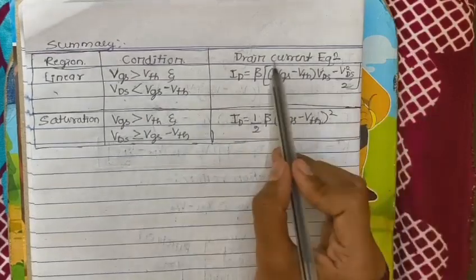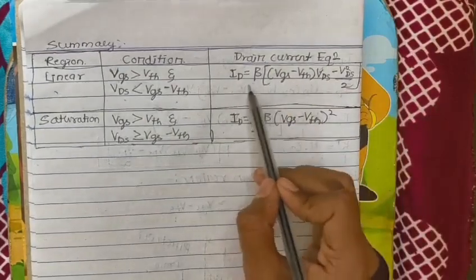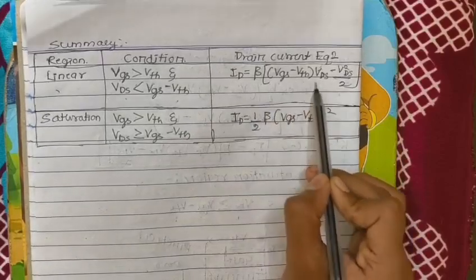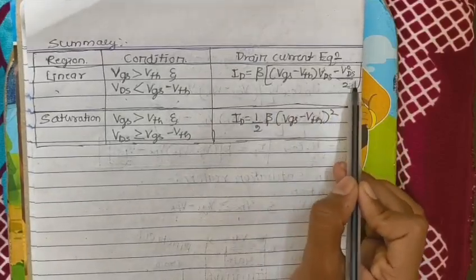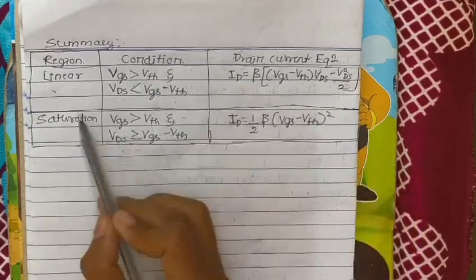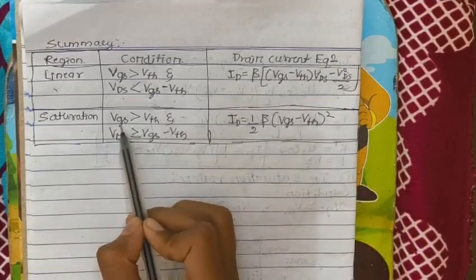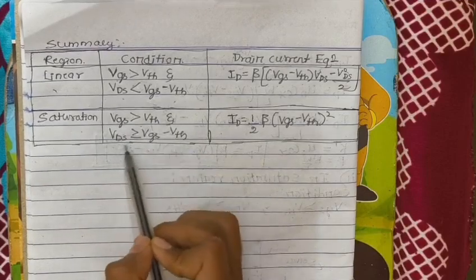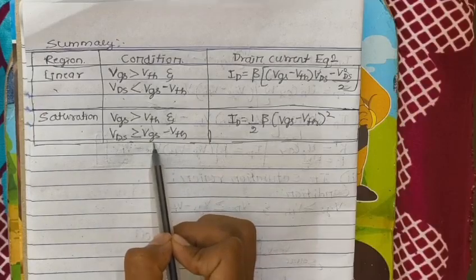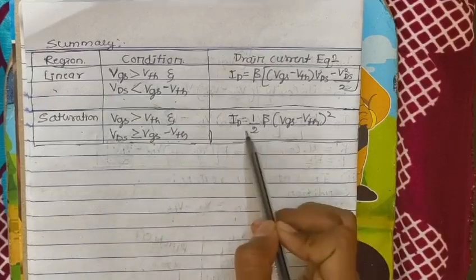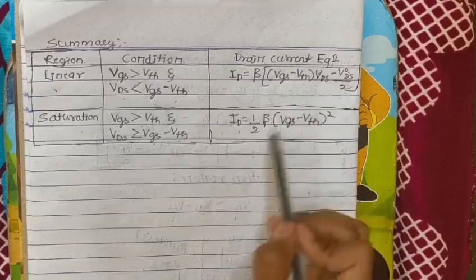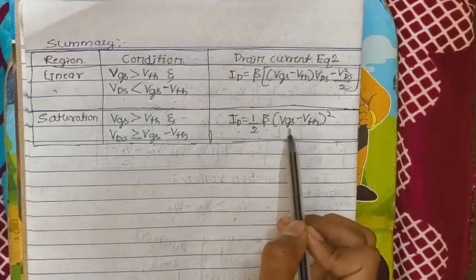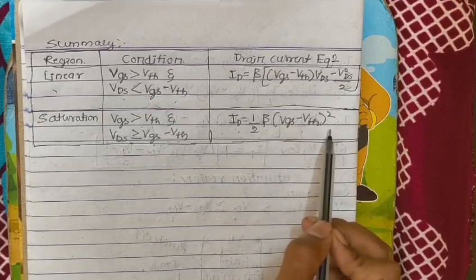Here the drain current equation is ID equal to beta into VGS minus VT into VDS minus VDS square by 2. In saturation region, the condition is VGS is greater than VTH and VDS is greater than or equal to VGS minus VTH, and the drain current equation is ID is equal to half beta into VGS minus VTH the whole square.